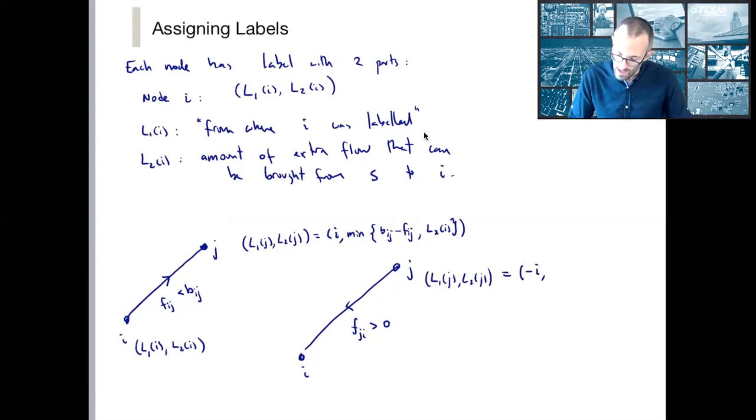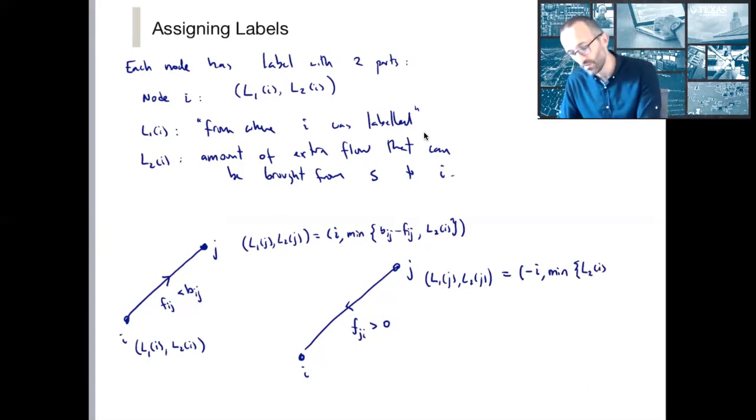And now, how much additional flow can we get? Well, no more than the minimum between L2 of I, so how much can I push through this edge, and Fji? Because I'm going to have to use this edge backwards.